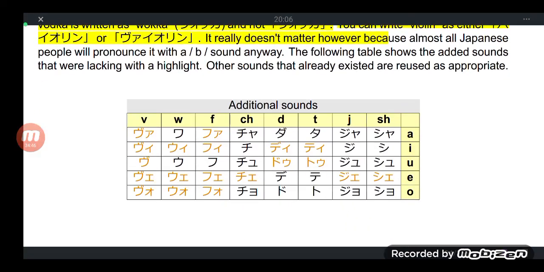The following table shows the added sounds that were lacking, with a highlight. Other sounds that already existed are reused as appropriate. So you see in the column for V, violin, va. For the virtual W sound, you have to be keen on the vowel part.